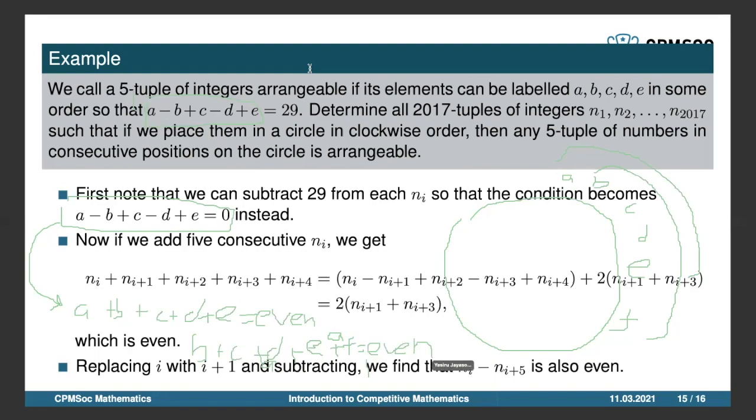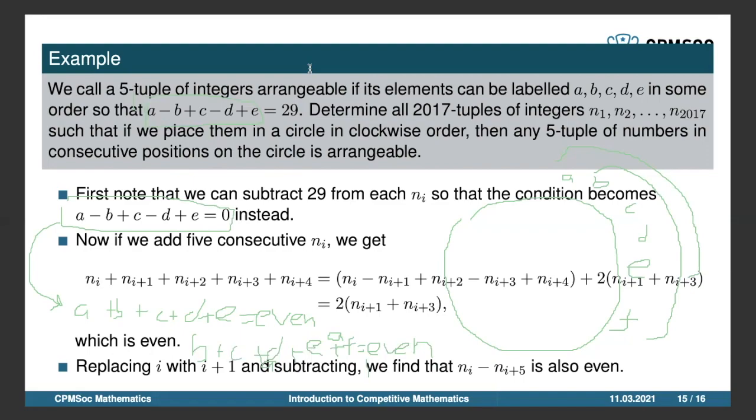And now we can see that B plus C plus D plus E is common to both of the sums. So it seems useful to subtract the first sum and the second sum, because lots of terms will cancel out. If you do A plus B plus C plus D plus E minus B plus C plus D plus E plus F, you will end up with A minus F.